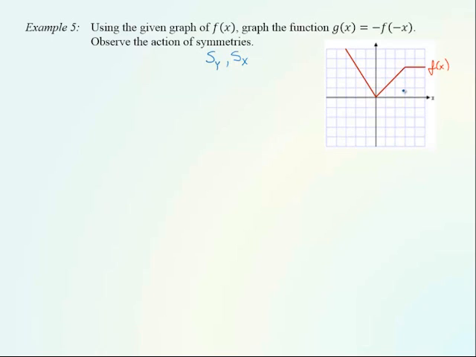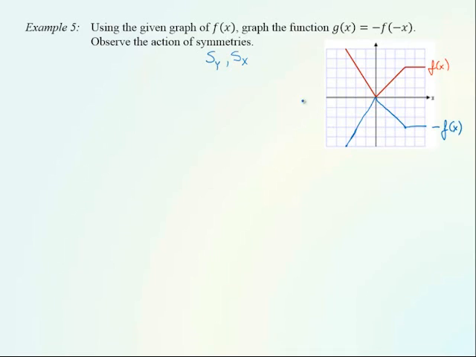If we apply symmetry in the x-axis, this point goes here. The (0, 0) point is the same, and this is a constant piece, and this is a straight segment. And we can pick one more point, for example, this one, it will be reflected exactly here. So connect the two vertices. So we have negative f of x.